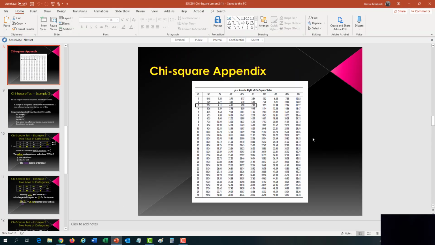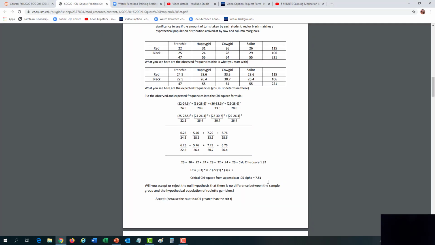Okay, here's the chi-square appendix. I'm going down in the degrees of freedom column to 3 and moving directly to the right until I get to the 0.05 column, and there's my number, 7.81. So that's how I found this.